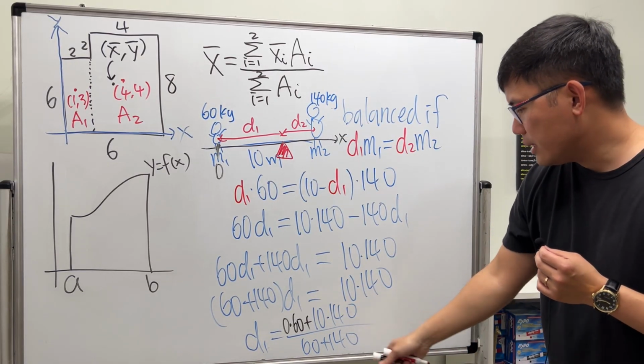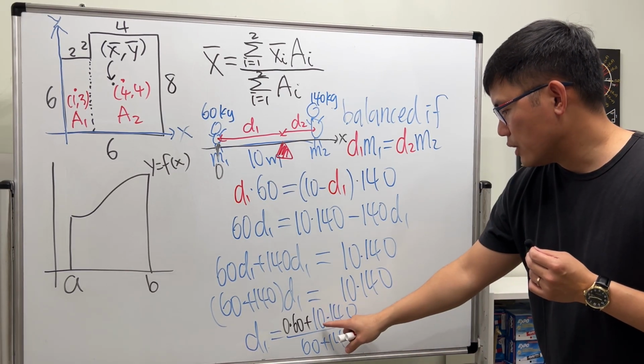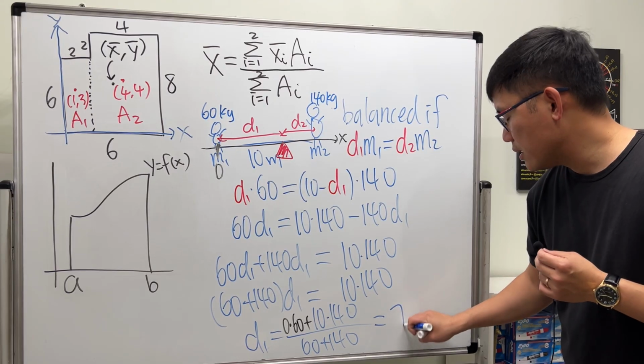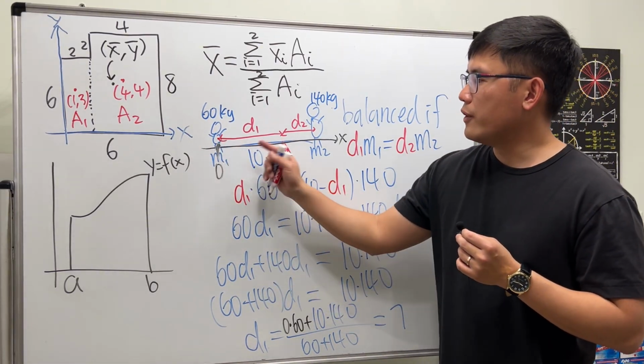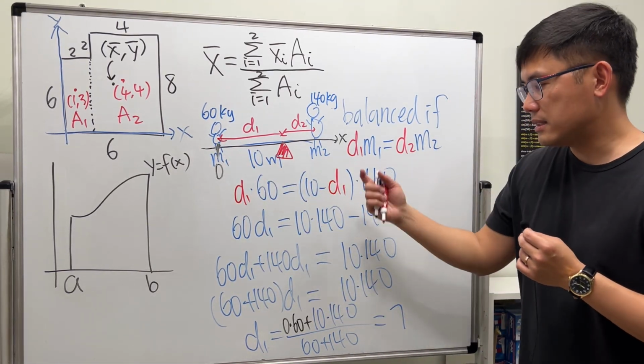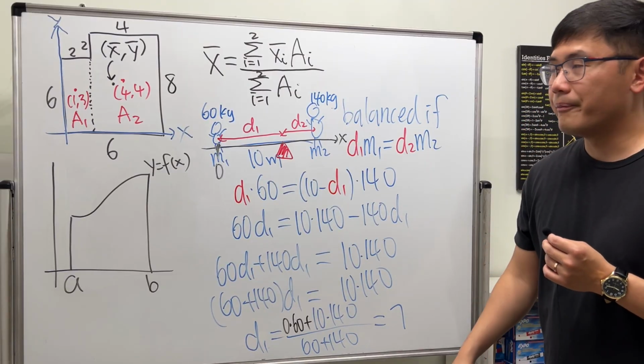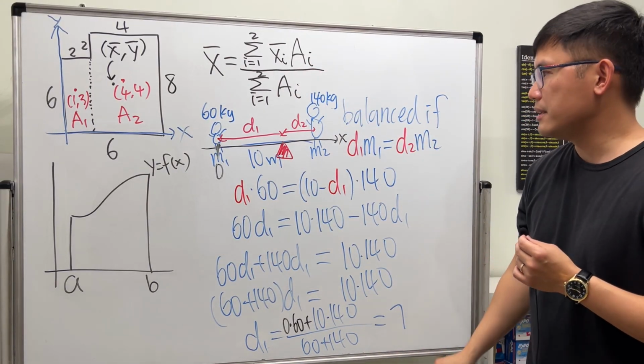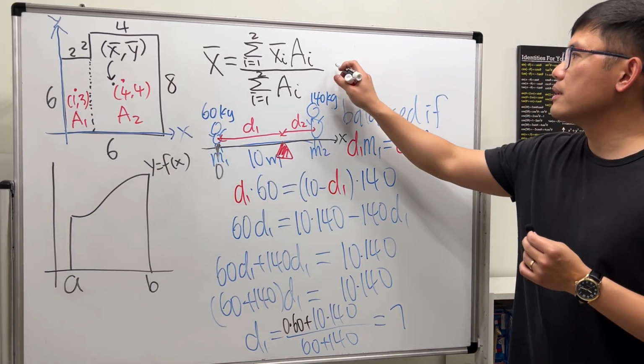If you compute it, you will see that it's just going to give us 7. So we are 7 away from the first mass, and that's D1. So that's the idea. Now, once I write it down, you will see that they are pretty much the same idea, the same expression.